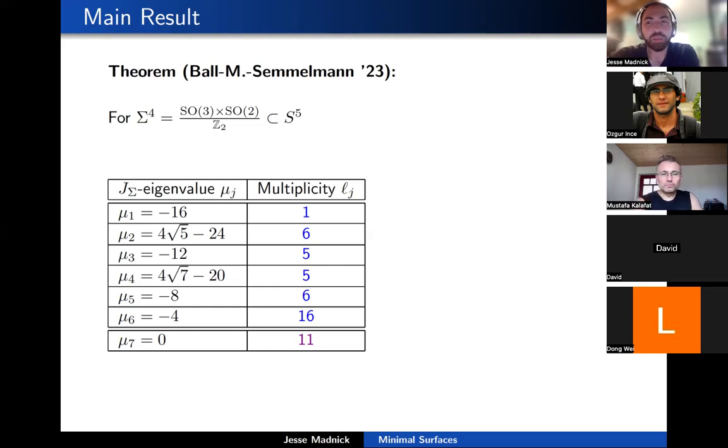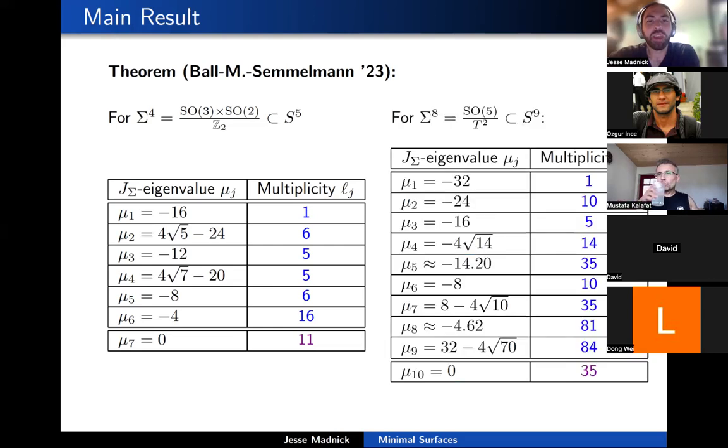If you add up those numbers in blue, you get the index. And for the 8-dimensional minimal hypersurface, again, what we get are these eigenvalues here and the multiplicities on the right. You add up the blue numbers and you get 275. The purple number is 35.